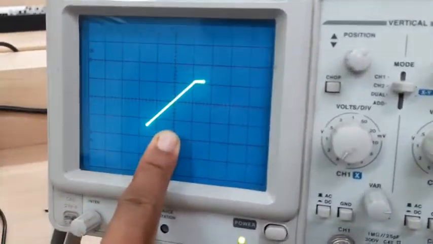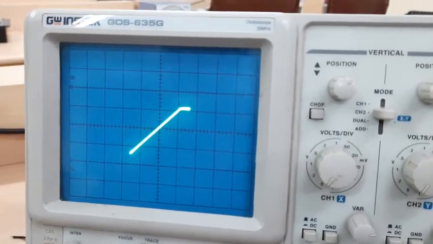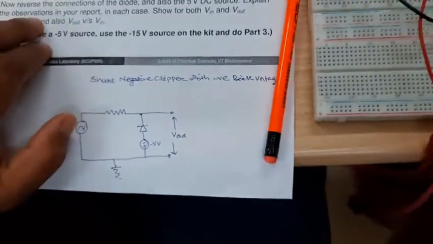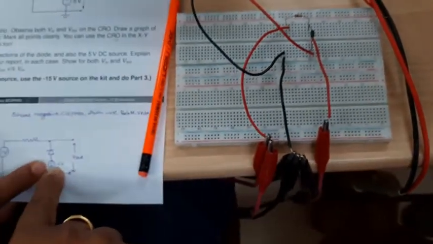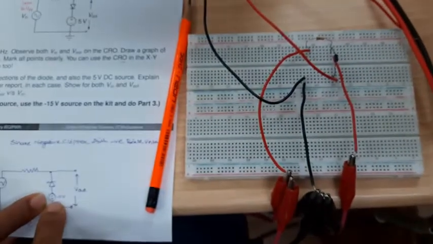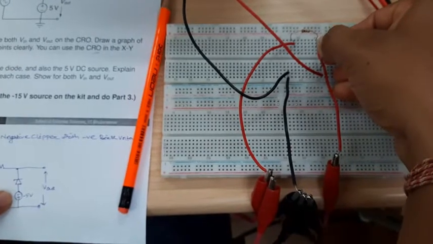Then we will go for the shunt negative clipper with negative bias voltage. For this we will just change the diode direction, and we will supply the negative voltage instead of the positive voltage. Then we will see what happens here.